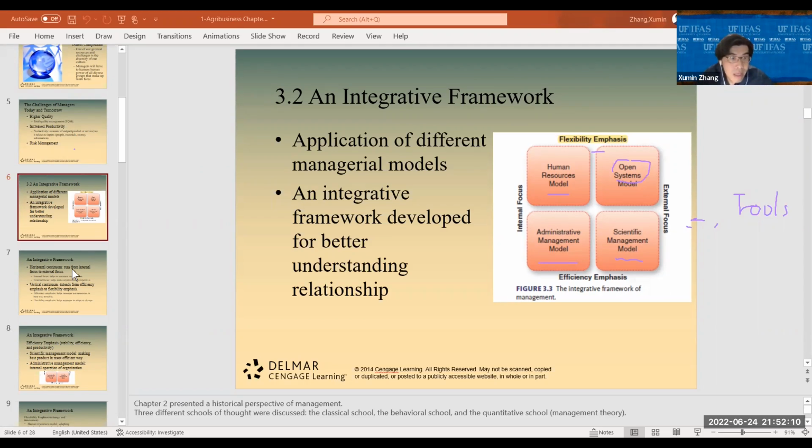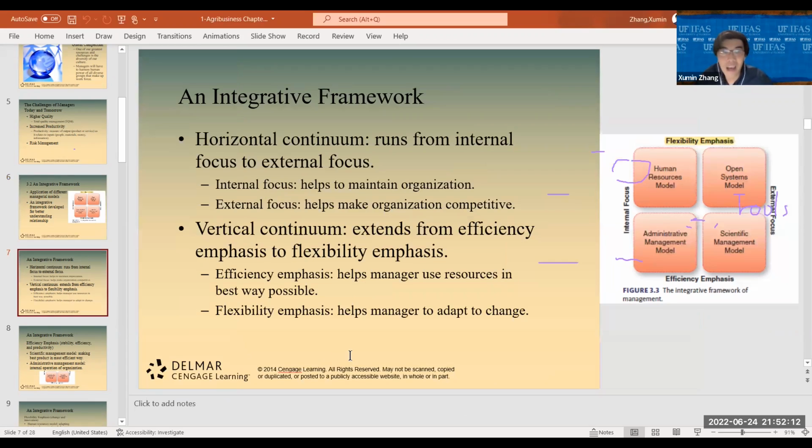Let me go to the next slide to see whether it tells us something. I would focus on, we call this human resource model, focus on the people. The classical school of thoughts, management theory, they focus on the process, they focus on the things, productivity. So this is what we call the vertical on top. We are trying to focus mainly on people.